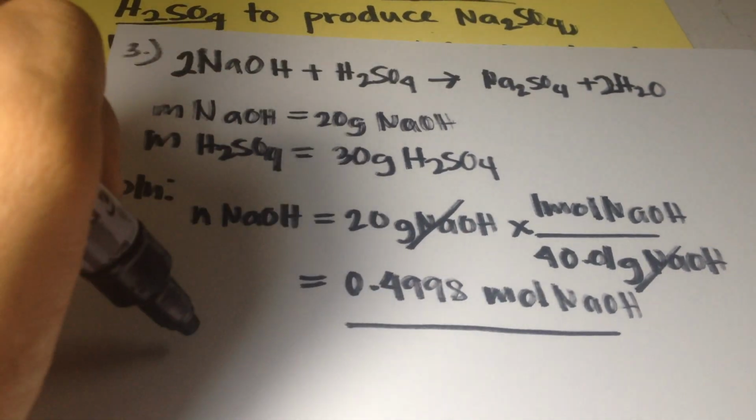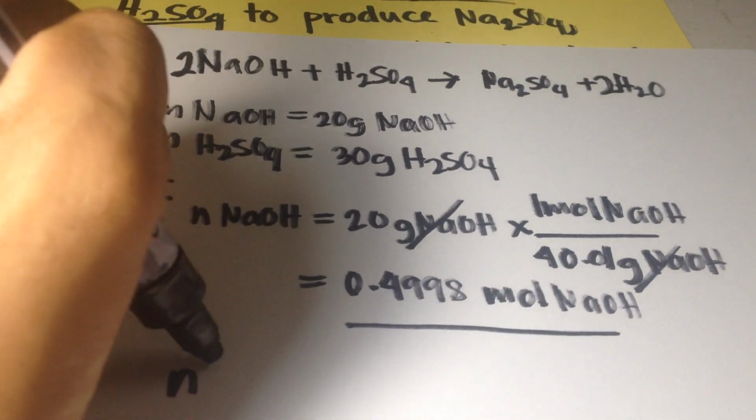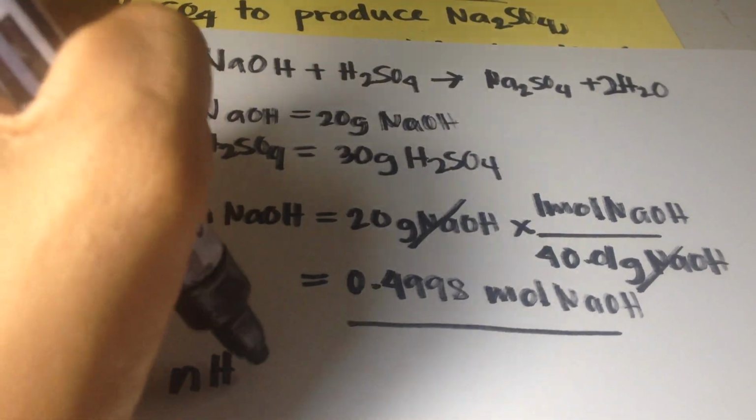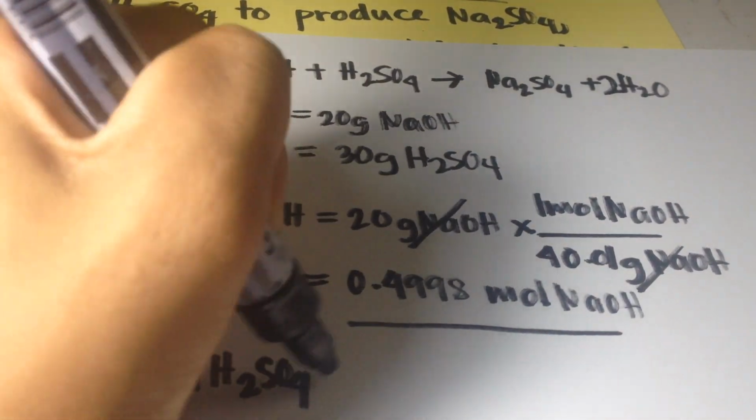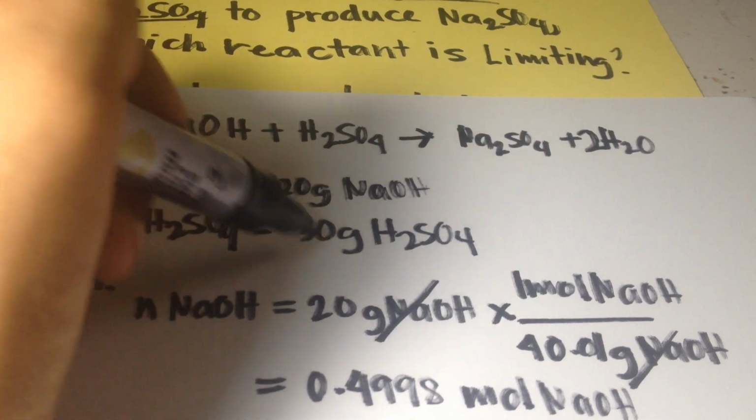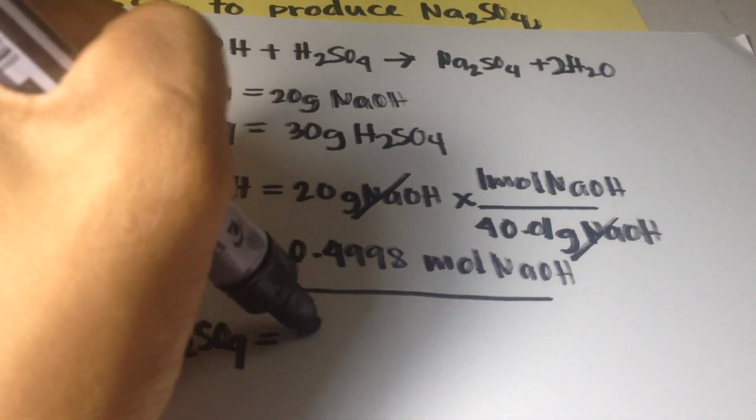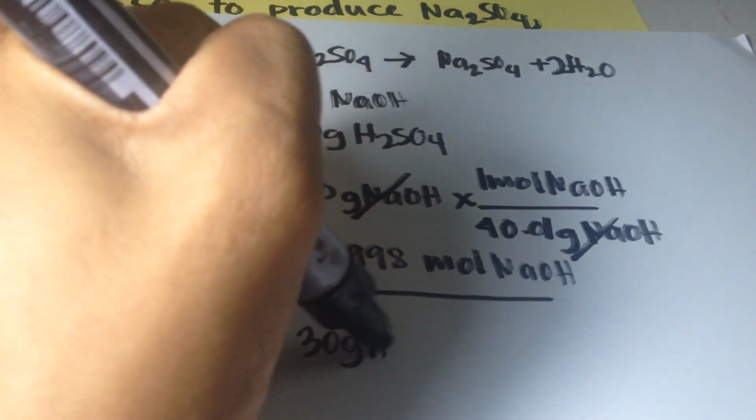And we need to get the moles of sulfuric acid. So we have 30 grams of sulfuric acid times 1 mole of sulfuric acid over 98.1 grams of sulfuric acid.